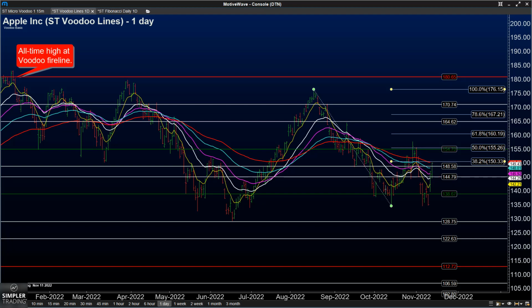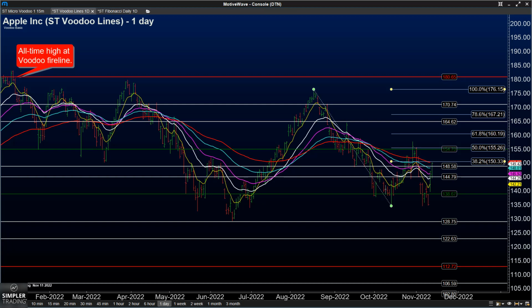And of course, support above does then argue for a test higher, seeing if we can clear the smaller degree snow lines up towards the fire line. I think resistance around 154.70 might also fit well with what I'm looking for in the indices.